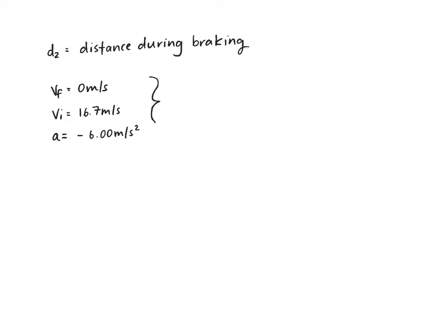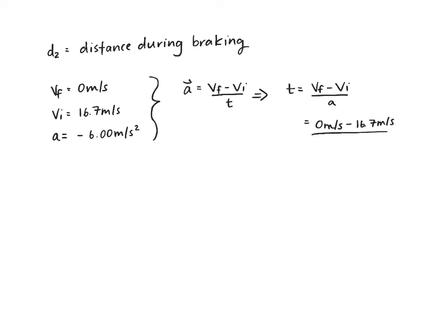We're going to use these values to determine the time that it takes to stop. So acceleration equals VF minus VI over t, and we can rearrange that formula. That time is going to equal VF minus VI over A. VF is 0, but we can keep it in the formula just to be safe. So 0 minus 16.7 meters per second divided by -6 meters per second squared.